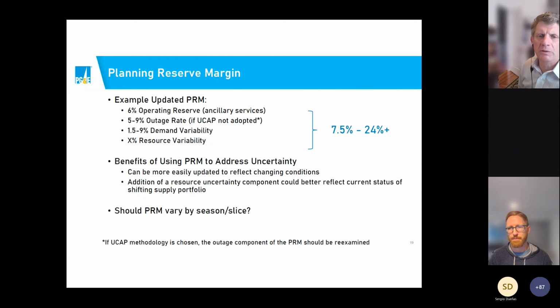For some of the other components, there's some question as to, first of all, whether they should be included or whether they're being taken up by another portion of the framework, such as the forced outage rates going into the UCAP, and whether we're using a UCAP or explicitly adding the forced outage rates to the planning reserve margin. That's one question that would have to be determined and discussed.